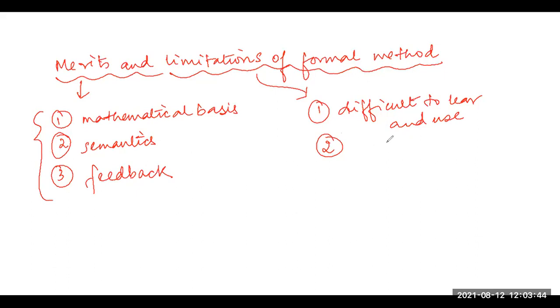And also, formal techniques are not able to handle complex problems. When we have complex types of problems, it is very difficult for formal techniques to handle them. So these two are the main limitations, but still formal specifications do not replace or make obsolete the informal description. They actually complement it.